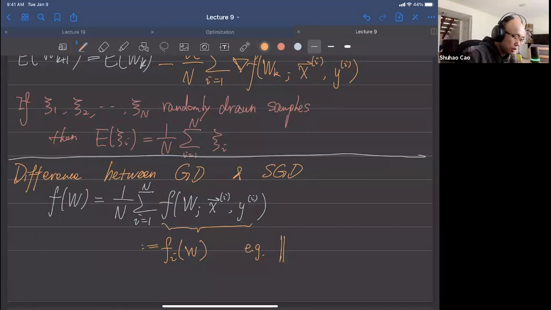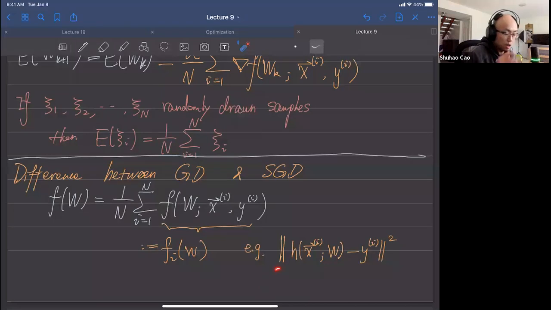This is the norm of our neural network's output with W as our neural network and with the ith sample as our input. And we want this one as close as possible to our true target. And then we take square. So for example, this is the element-wise loss.